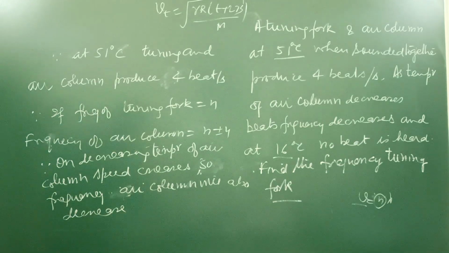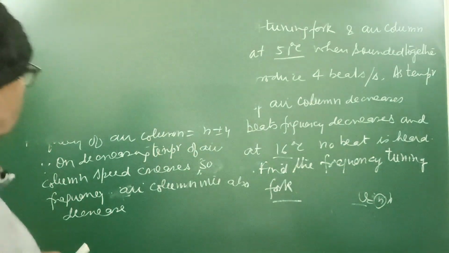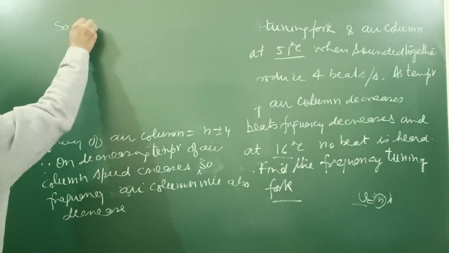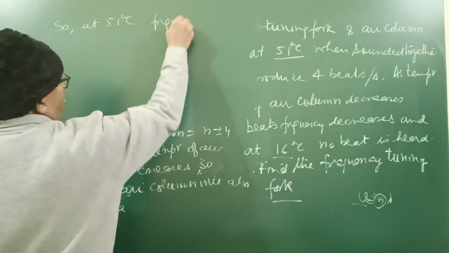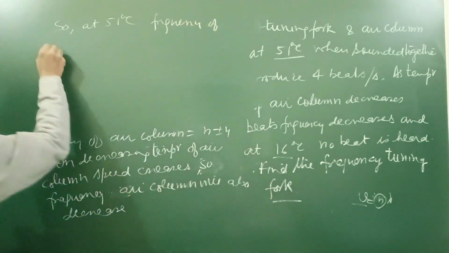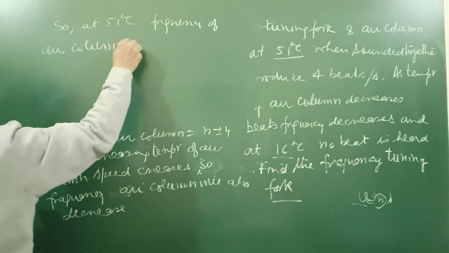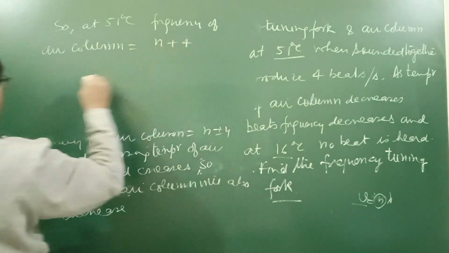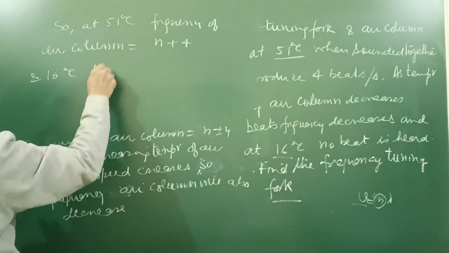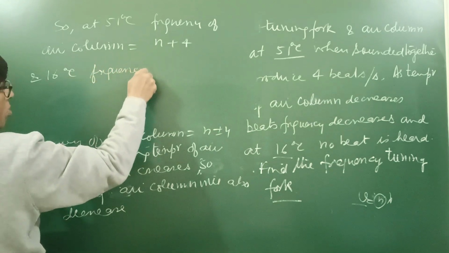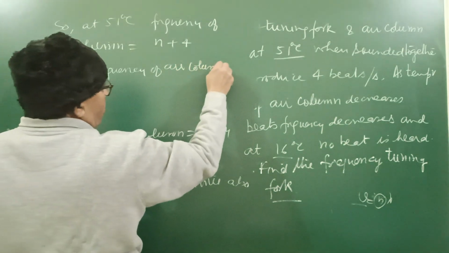So at 51 degrees centigrade, the frequency of the air column is n plus 4, and at 16 degrees centigrade, the frequency of the air column is equal to n.